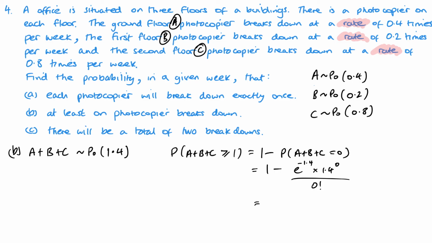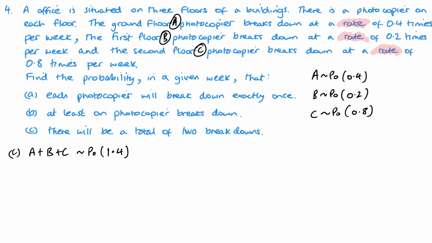And this gives me 0.7534 and so on, or 0.753 to 3 significant figures there. Now, part C says there will be a total of 2 breakdowns.